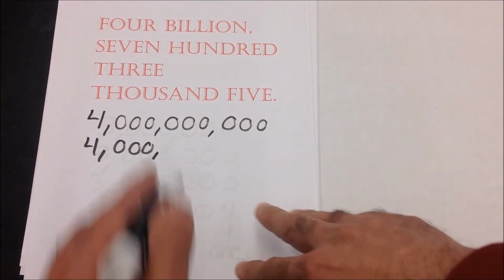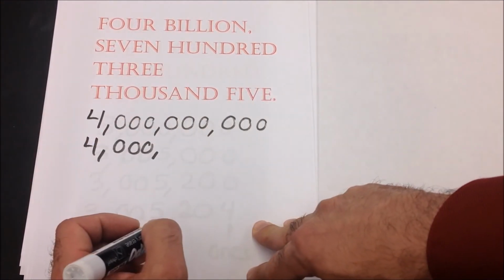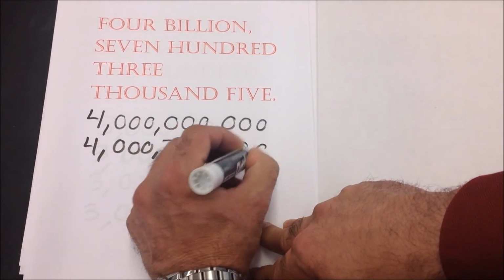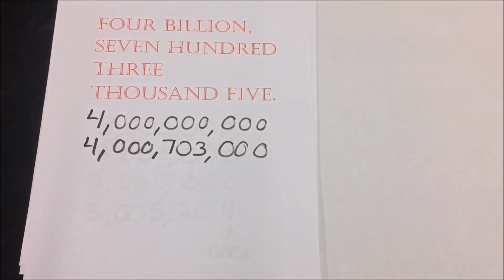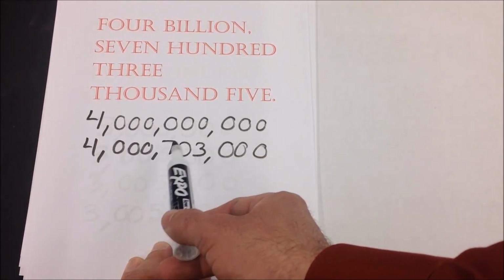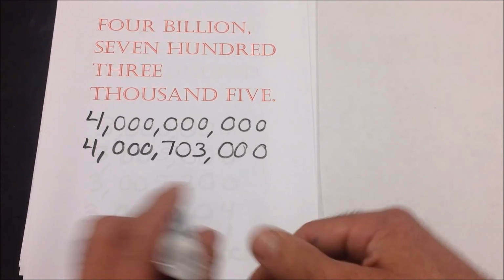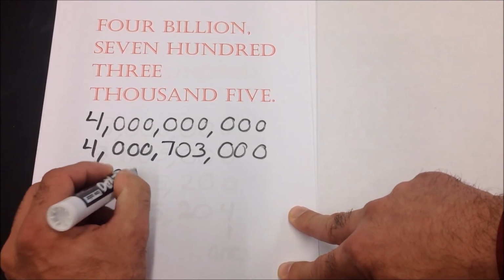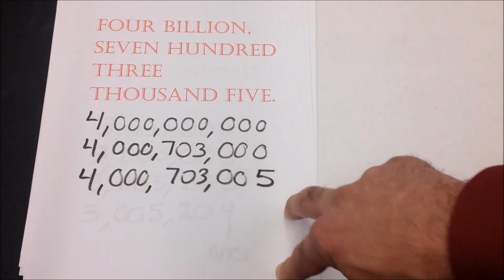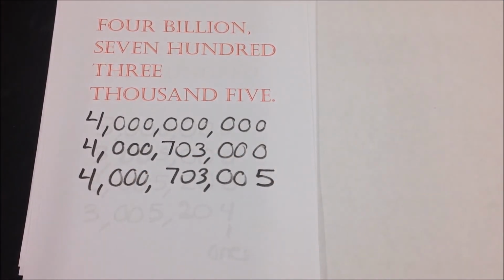It's a little tricky. See, there was no million. It was thousand. So 4 billion, nothing in the millions, 703,000, and then a 5. Right? With a little practice, you'll be able to get that.